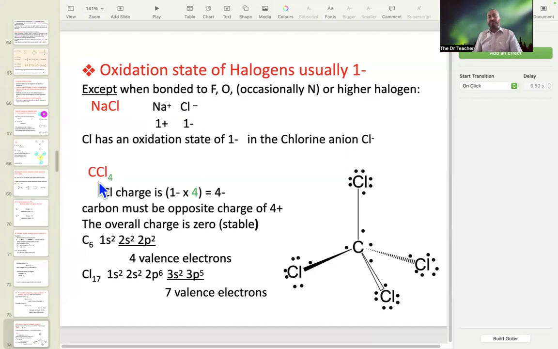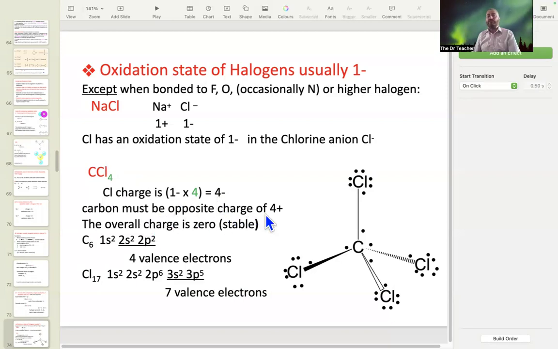Let's come to CCl4. So in tetrachloromethane, here we can see the chlorine charge is what? The chlorines, all of them, total -4.